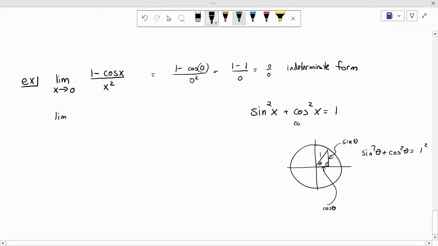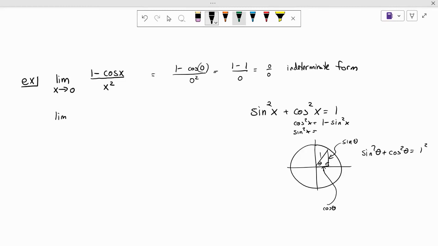So if I subtract cosine squared from both sides, we'll get sine squared is 1 minus cosine squared.